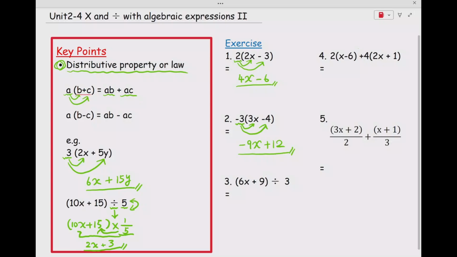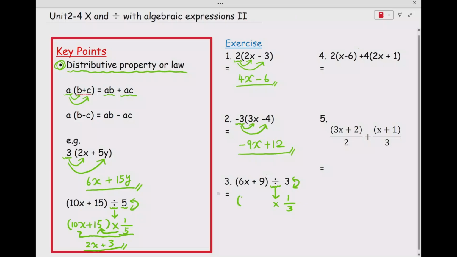Question number 3. (6x + 9) divided by 3. For the division, let's first change the division sign to the multiplication sign. So, just flip the number behind the division sign upside down and change the division sign to the multiplication sign.